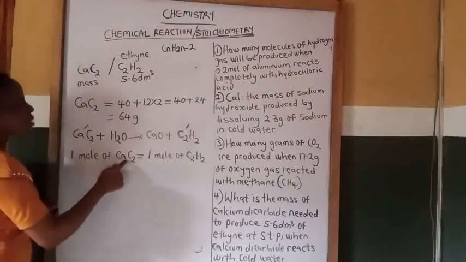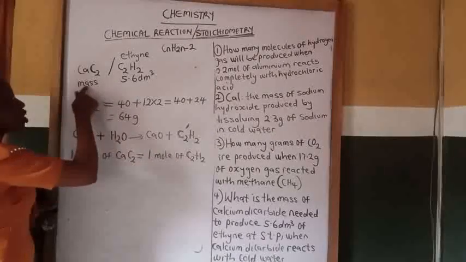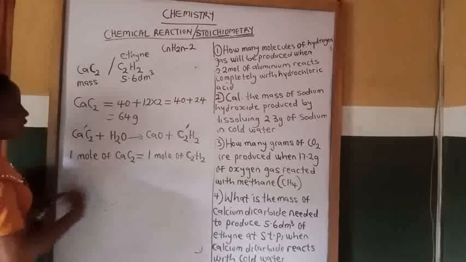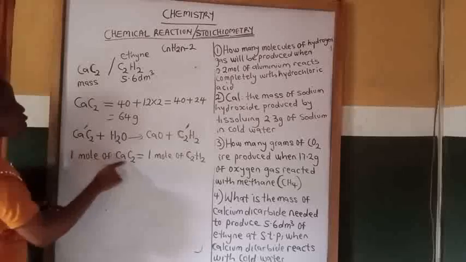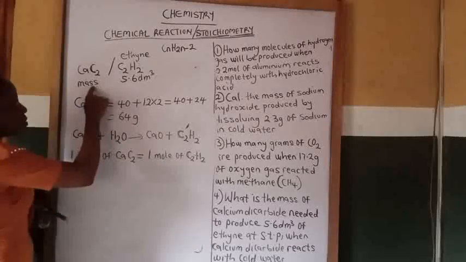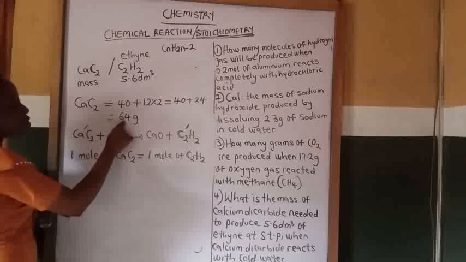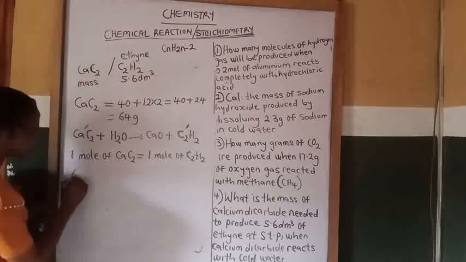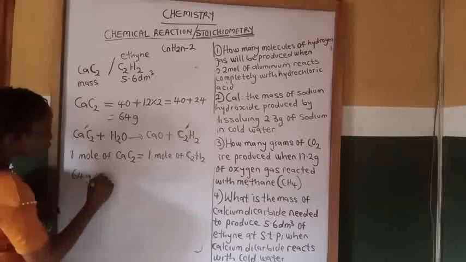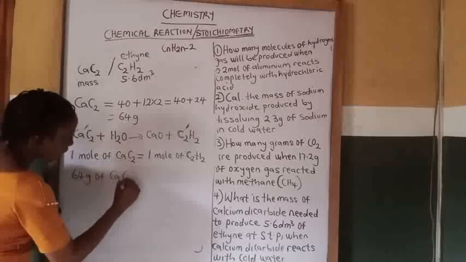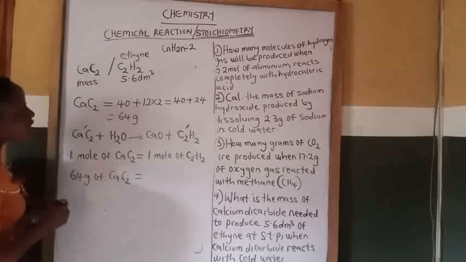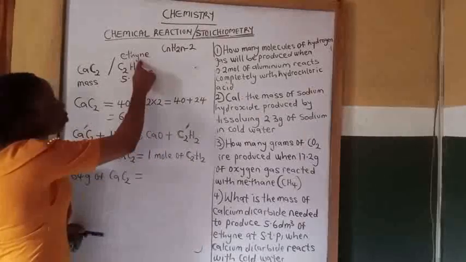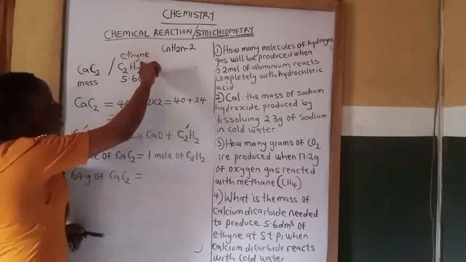Now, our calcium dicarbide, according to our question, comes in form of mass. Then we are going to convert this 1 mole to the mass of calcium dicarbide. The molar mass of calcium dicarbide is 64. So therefore we are going to say 64 grams of calcium dicarbide equals, then our ethane comes in form of volume in dm cube.